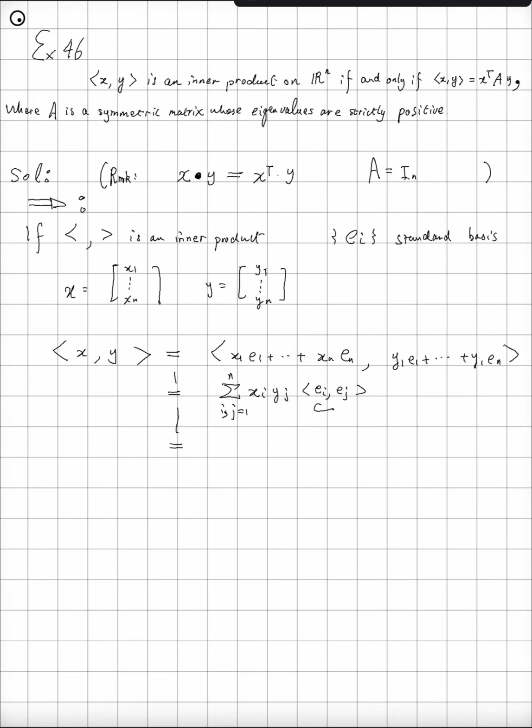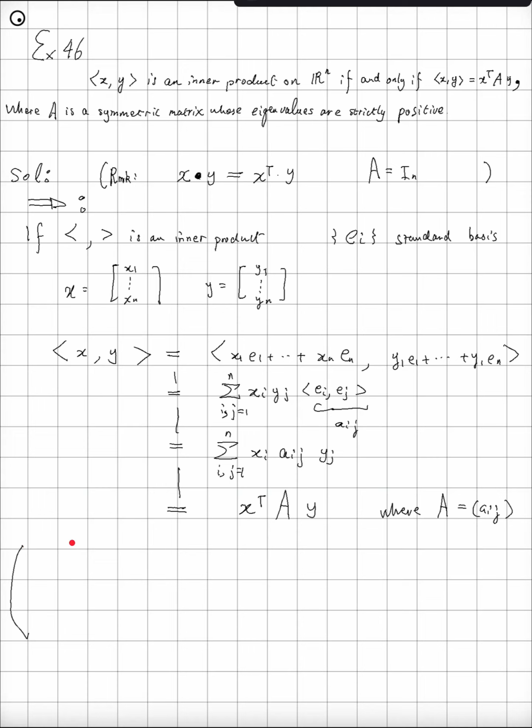If you define this to be your a_ij, this is of the form x_i a_ij y_j. In particular, this is exactly the same as x transpose A y, where we define A to be the matrix whose ij entry is a_ij. So this just follows from direct computation. Maybe there are some small techniques, but basically this is just computation.